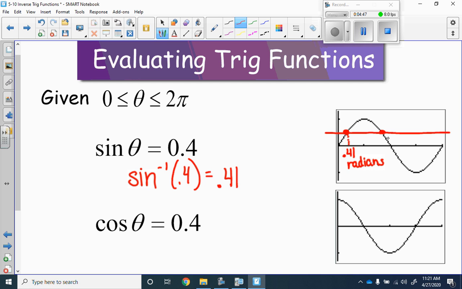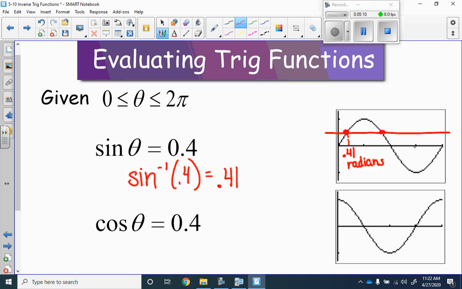But there are two solutions between 0 and 2 pi. We are going to get into finding those solutions in the next chapter, but what I want you to realize is that your calculator is not giving you two answers, and to be quite honest, you have infinitely many solutions if you're looking at a domain of all real numbers. We're just looking at a domain of 0 to 2 pi right now.